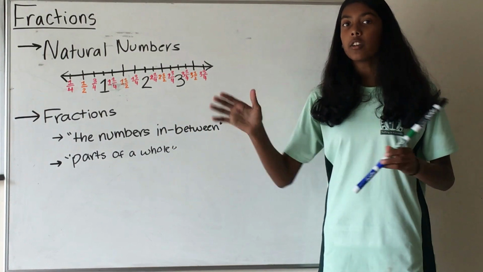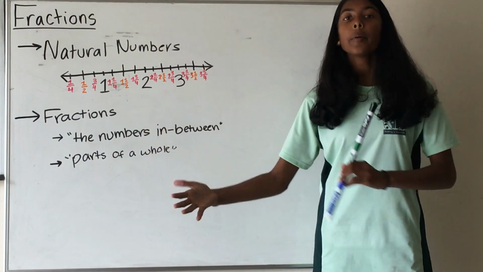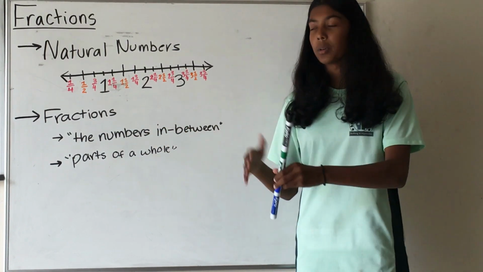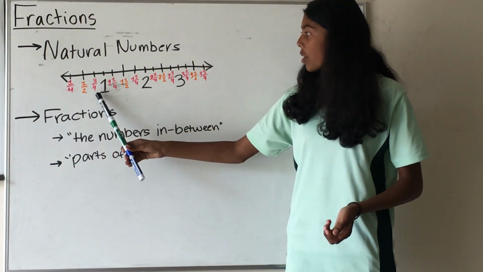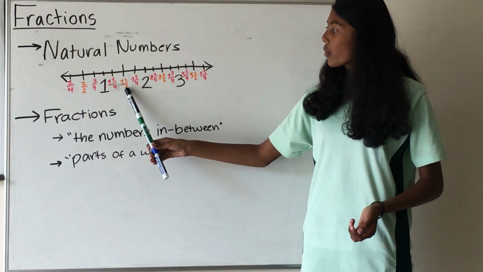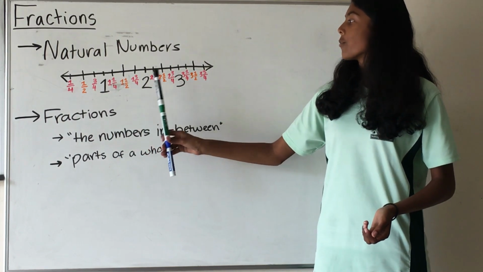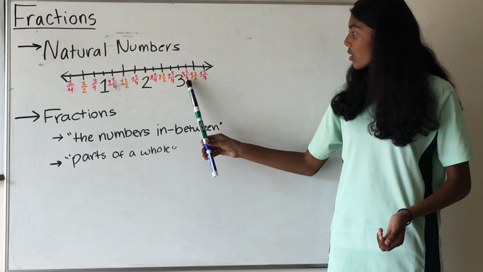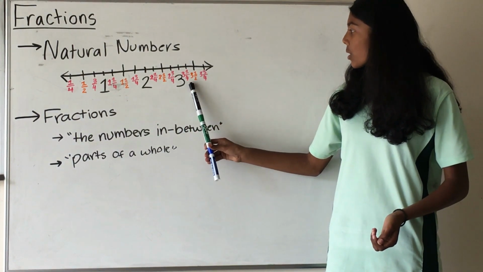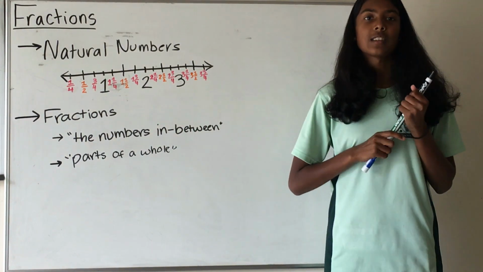They're not merely a whole number, but they're parts of a whole number. And some ones are 1/4, 1/2, 3/4, 1 1/4, 1 1/2, 1 3/4, 2 1/4, 2 1/2, 2 3/4, 3 1/4, 3 1/2, and 3 3/4.